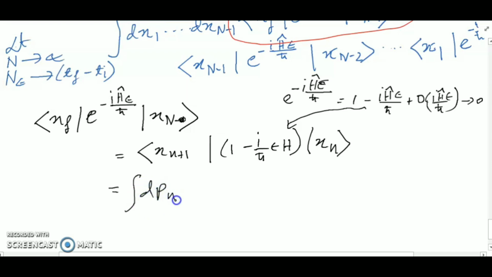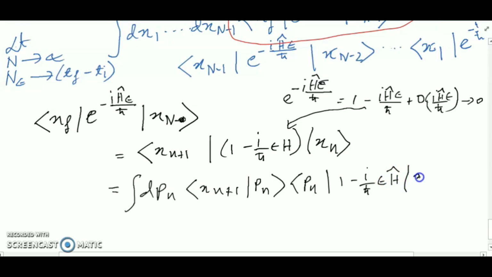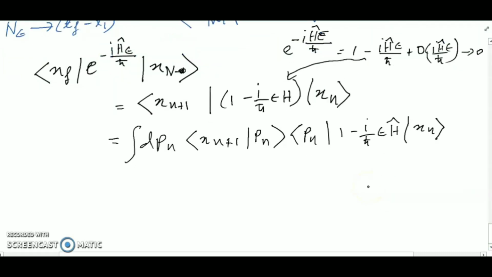So integral dp n, x n plus 1 p n, and it can be written as p n, 1 minus i h bar epsilon H hat, x n. Okay, so I am using identity operator, so no problem.